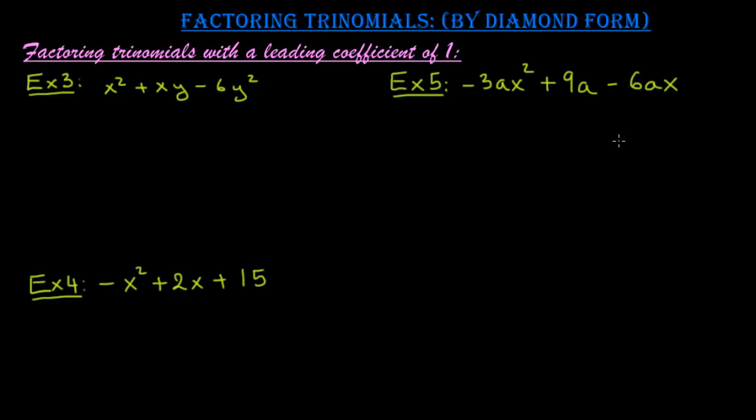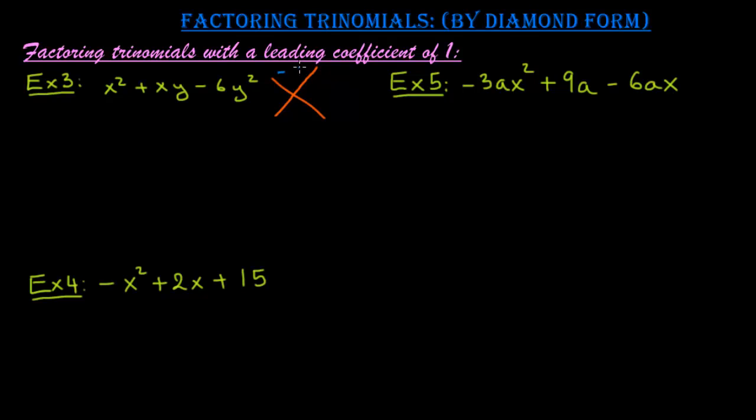Alright, before we move on to the next section, there are 3 more examples I want to talk to you about. So let's try example 3 and see how we can solve this one. As we know, this is also a trinomial, so you have to factor by the diamond form. Make the x, take first number times last number, so it's -6.